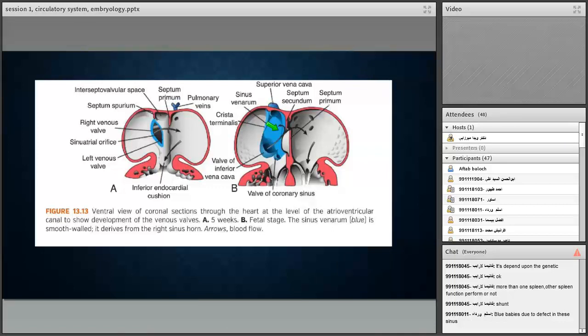The right sinus horn is incorporated into the wall of the atrium, and the left valve and septum spurium are moving into the left side. Look at here. These valve and septum spurium are moving into the left side of the right atrium.